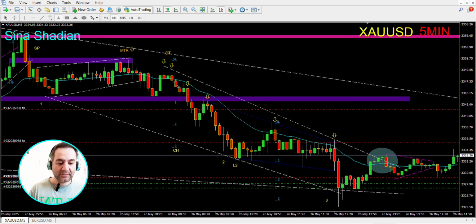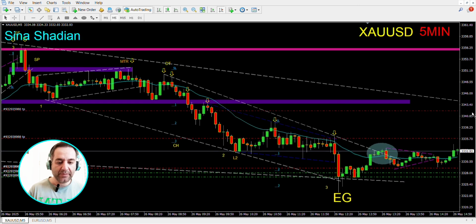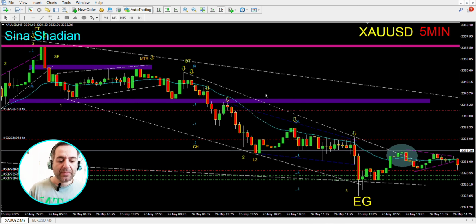The first reason is that I believe this is an exhaustion gap, which we call an E gap. Why did I decide that this bearish candle is an E gap?